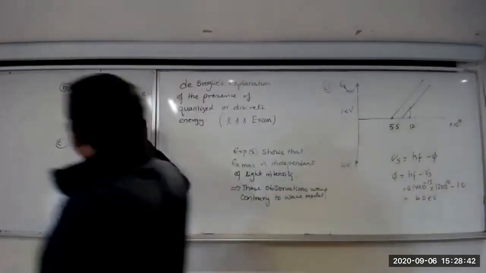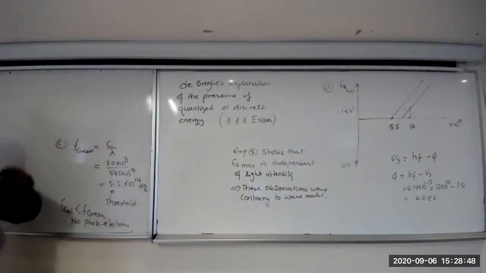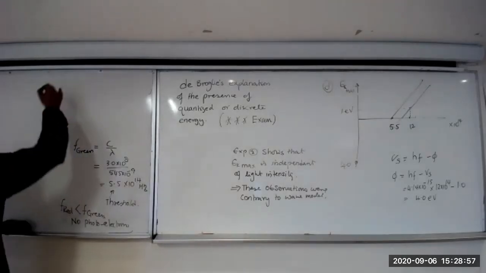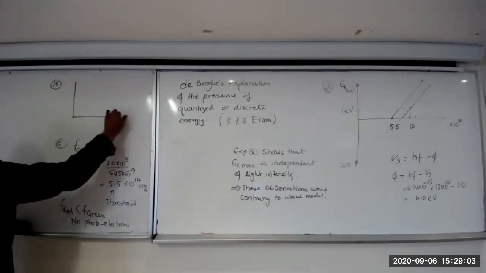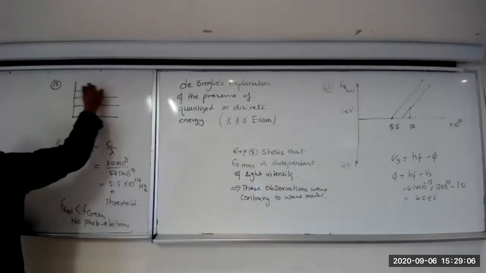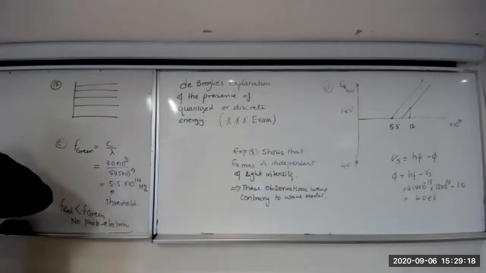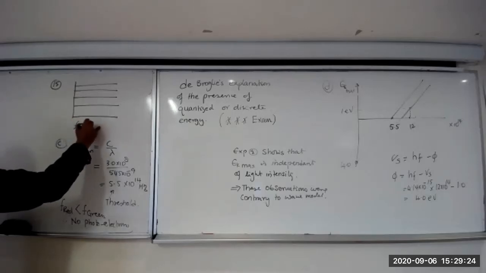Question 15. So this is the energy level diagram. They say draw an arrow showing the transition of the electron as it absorbs a photon, whose frequency is given. It's absorption, so it should be jumping up. We need to find the energy.